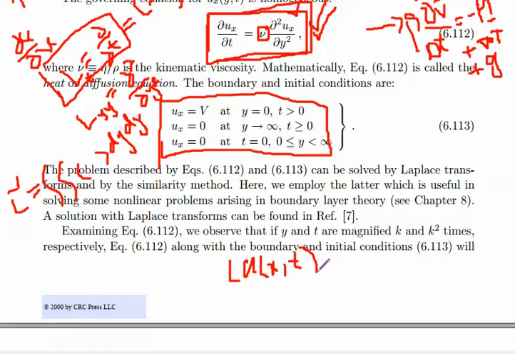Lt of u of x, t is equal to nu times Ly of u of x, t, because this linear operator Lt depends on t, and this is the linear operator for y.